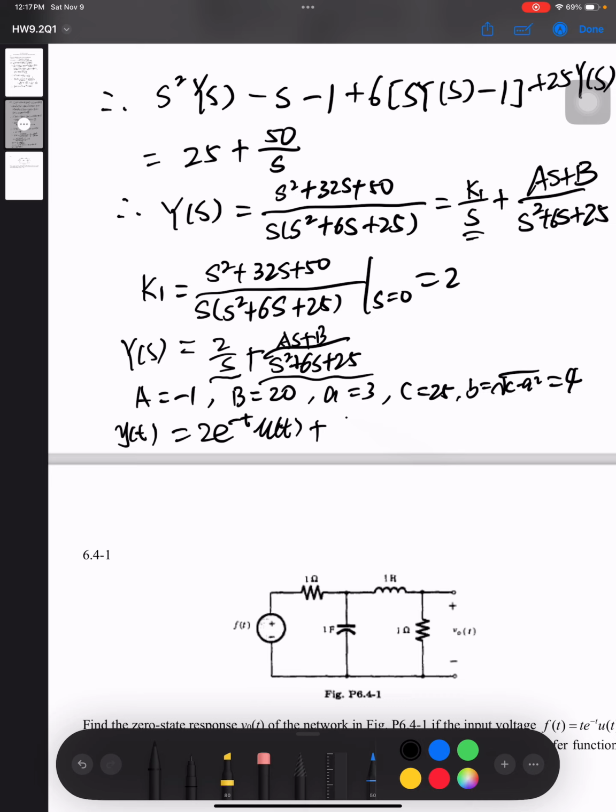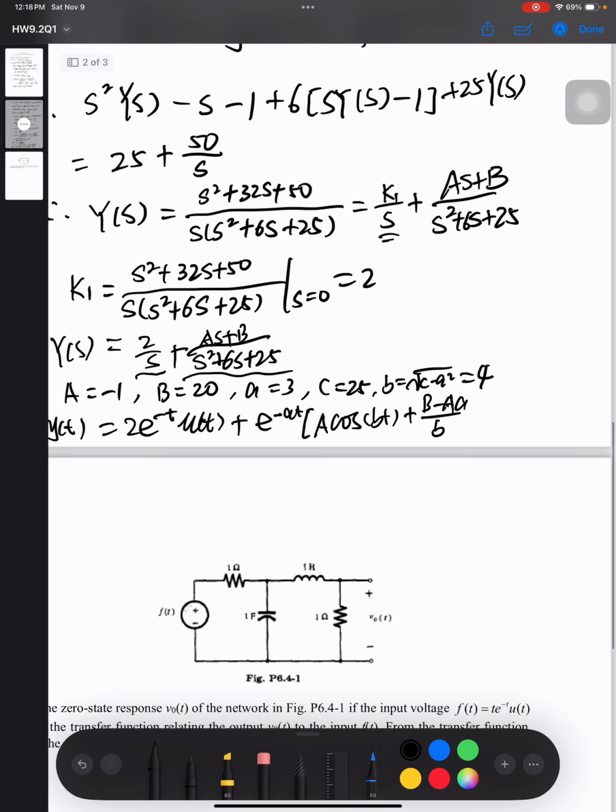You can see the last question, question 2 and question 1, we all see that. So we can get the second part, e^(-at) times (A cosine bt plus (B minus AA)/b times sine bt) u(t).